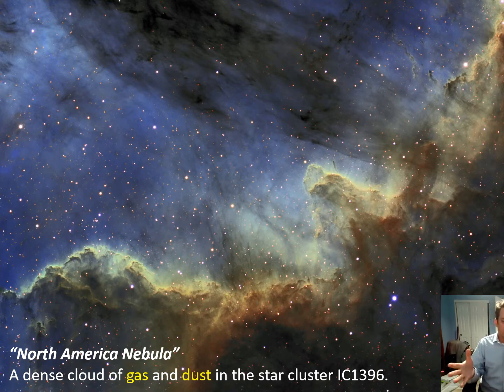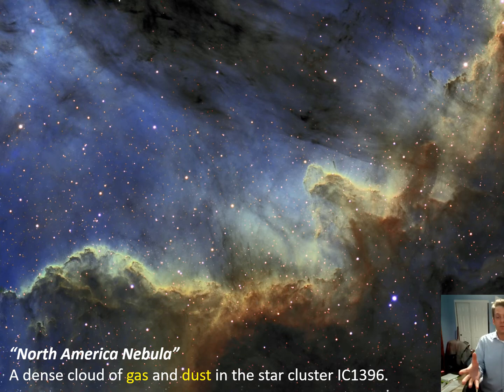So this is the North American Nebula. A lot of nebulae are named in sensible ways, like the Orion Nebula is in Orion. The Elephant Trunk Nebula, at least if you squint in the right way, looks like an elephant trunk, maybe. I confess, when I look at the North America Nebula, I am not creative enough to see North America in this case.